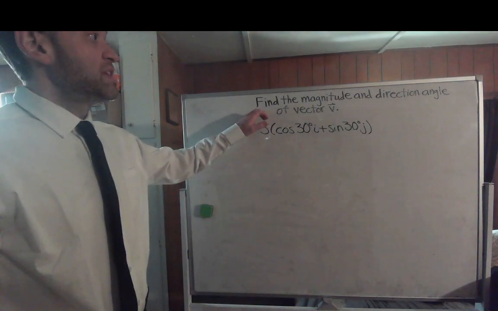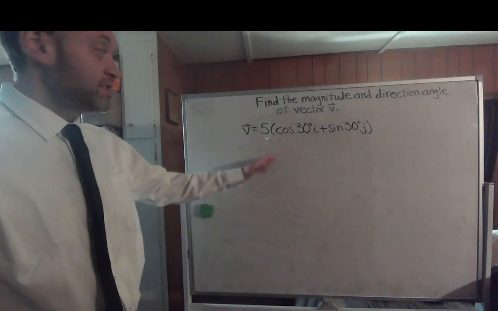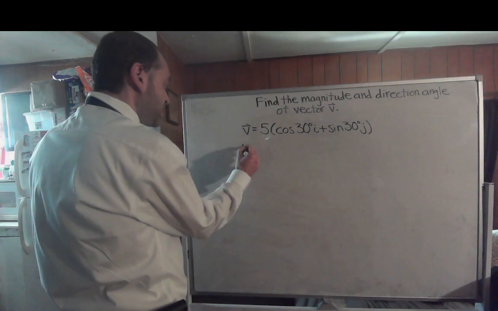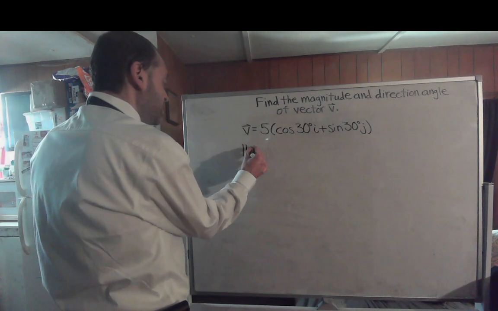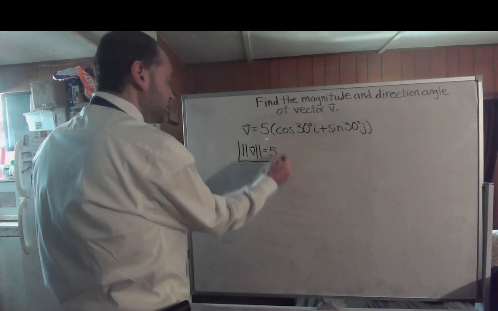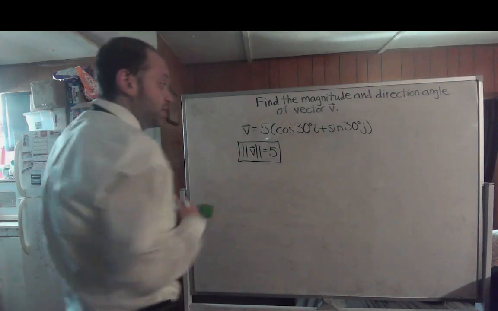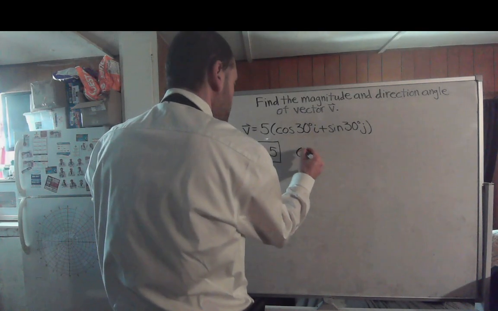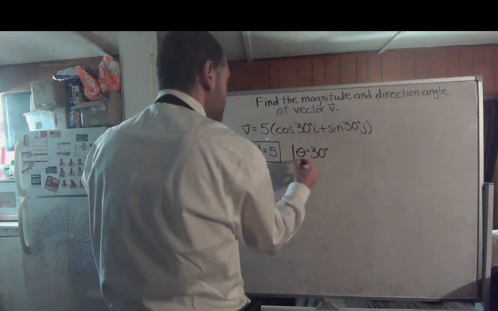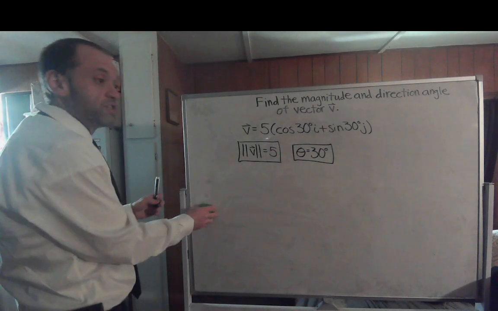They want you to find the magnitude and direction angle of this vector v. Well, in this form, they give it to you. The magnitude is 5, that's outside of the parentheses. And then the direction angle is also given to you. It's 30 degrees, so it makes a 30-degree angle with the positive x-axis. So in this form, you have your magnitude and your direction angle handed to you.